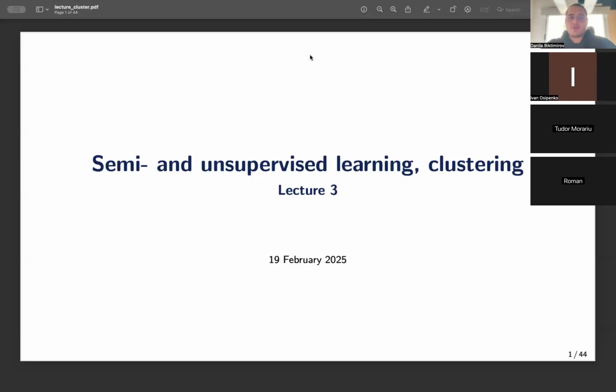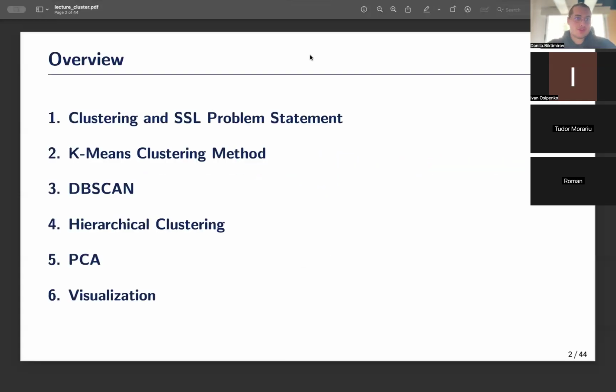That said, it's important to remember that the accuracy of supervised methods is significantly higher. Therefore, if it's possible to collect a labeled data set, it's generally preferable to solve the classification problem rather than rely on clustering. So this is an overview of today's lecture.